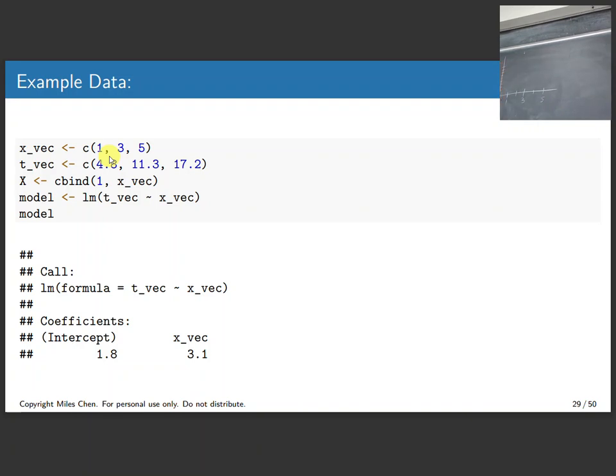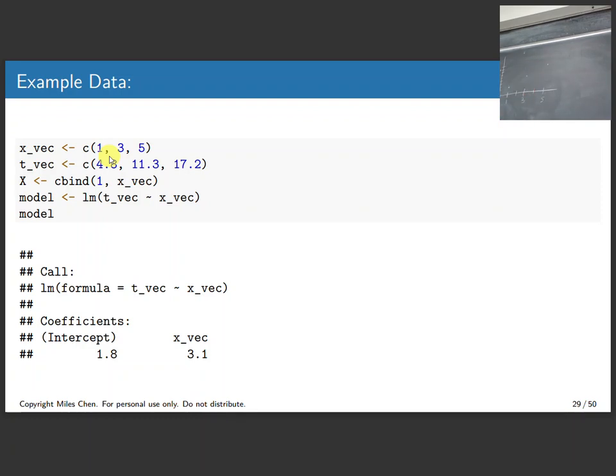And then my y values are 4.8, which is going to be right around here, and then 11.3, which is going to be somewhere around here, and then 17.2, which is going to be somewhere around here.